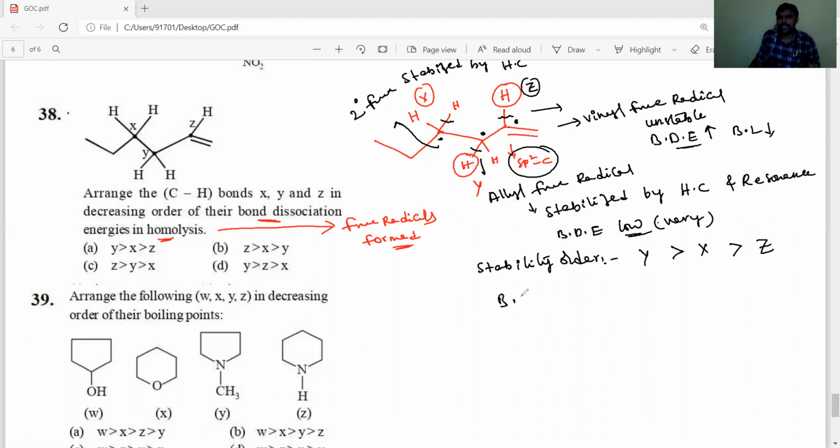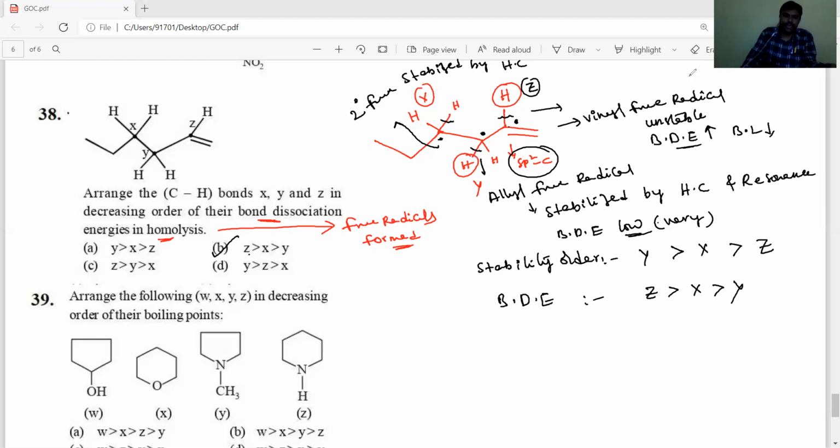Now bond dissociation energy orders reverse. So bond dissociation energy order is Z is more than X and then Y. Z, X and Y means B is the correct answer.